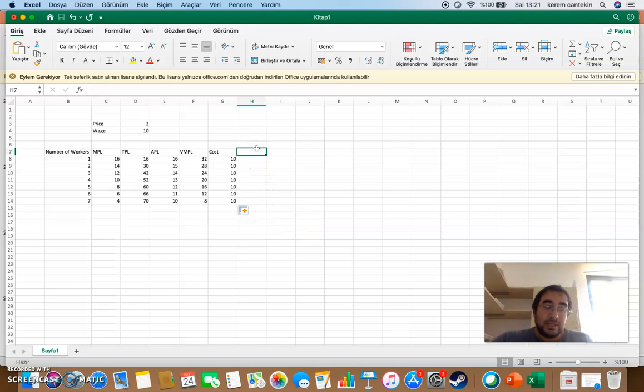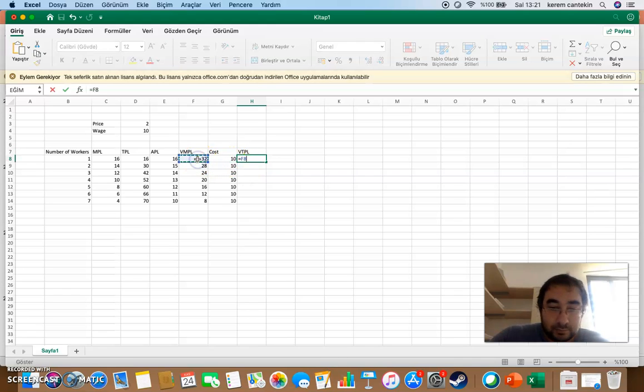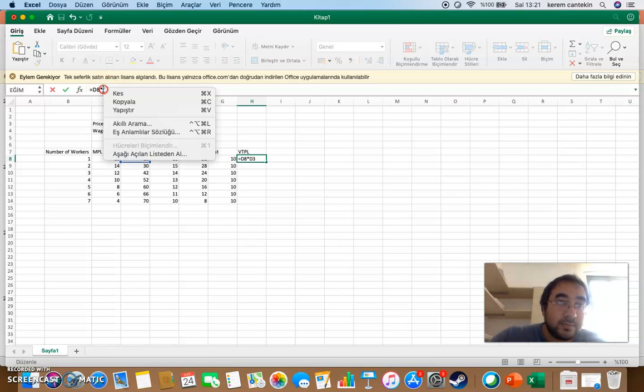We can see it if we calculate the total amount of revenue the company will get. This is total product of labor times again the price.